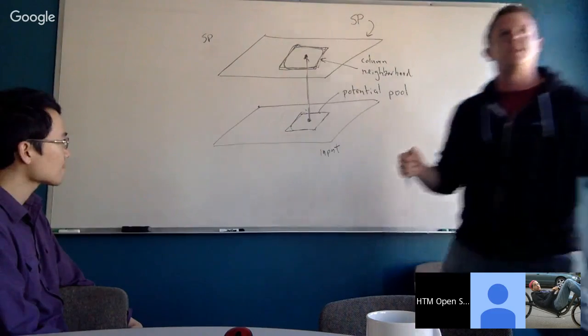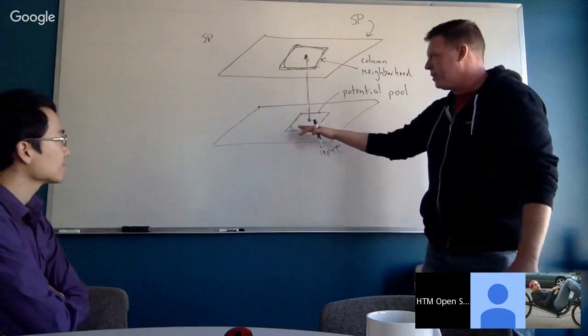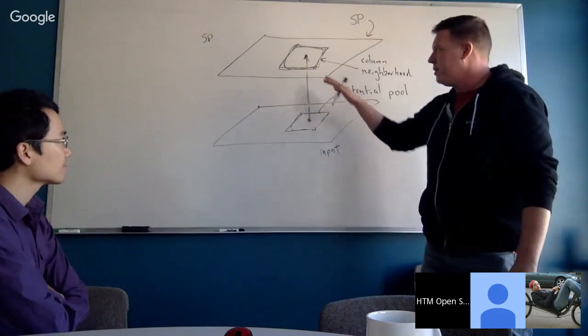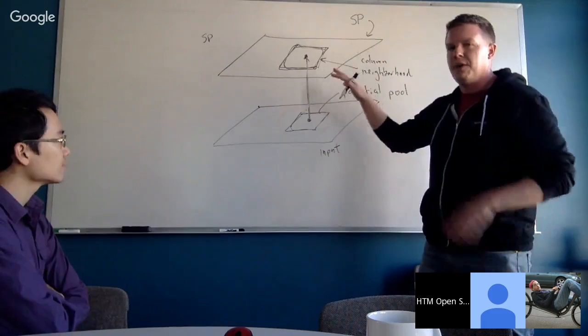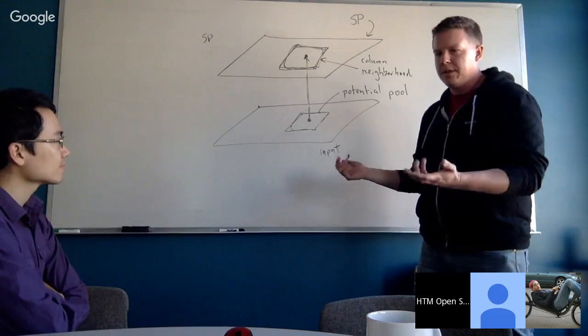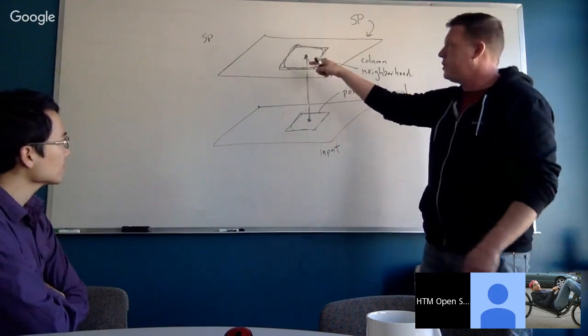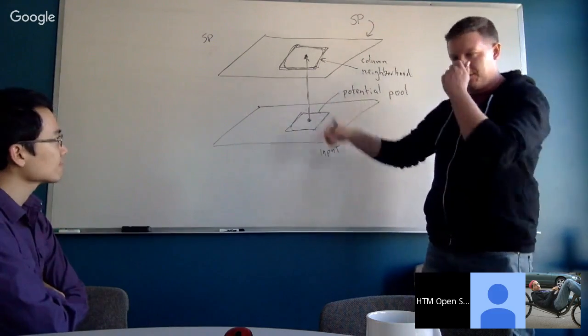One of the mistakes I made when trying to understand topology was making too big an association between the topology and the dimensionality that's defined for the input space and the spatial pooler. For example, this is 2D, but it could just be 1D, one huge array.